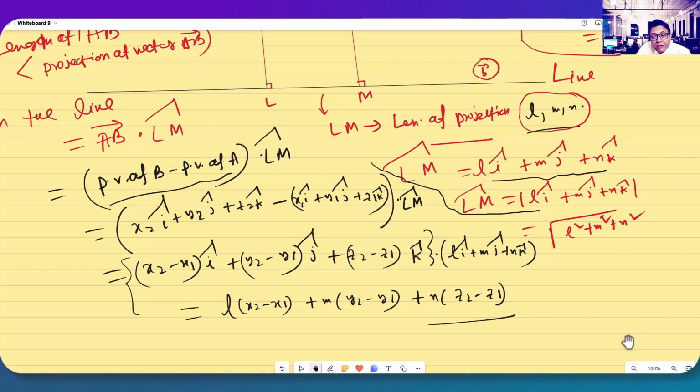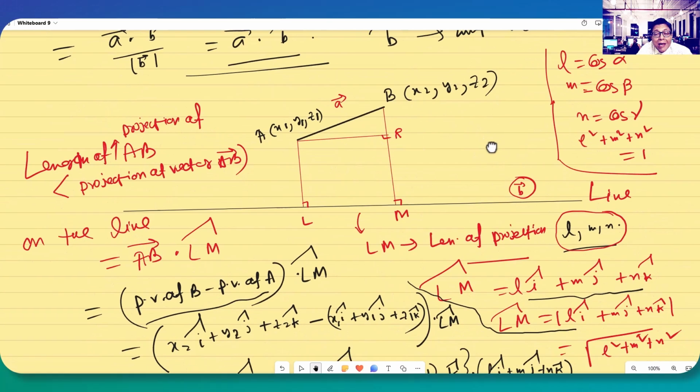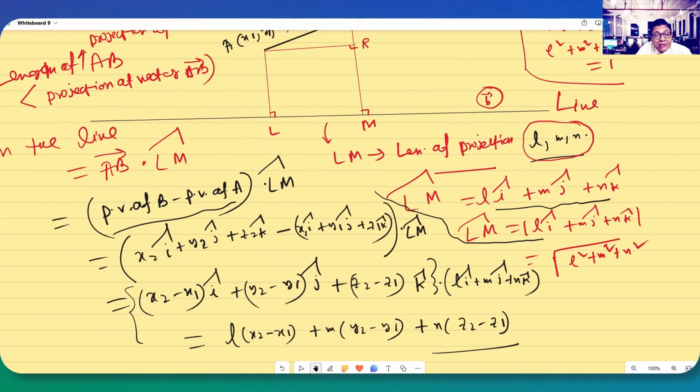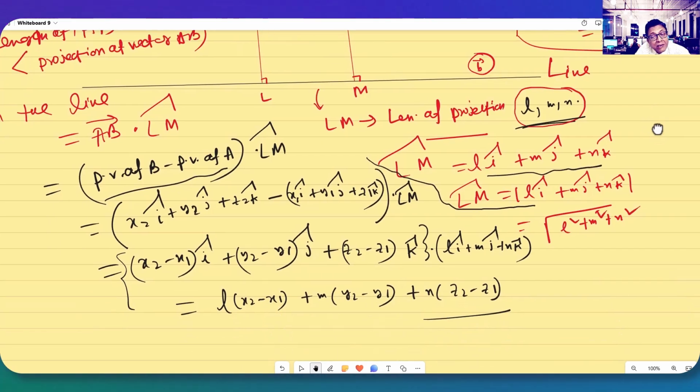No vector is there. In 3D, we can use both the concepts, this A dot B cap as well as this thing, because here it is more specified, because you know the extreme points x1, y1, z1, x2, y2, z2, and you are finding it on a line whose direction cosines are L, M and N respectively.